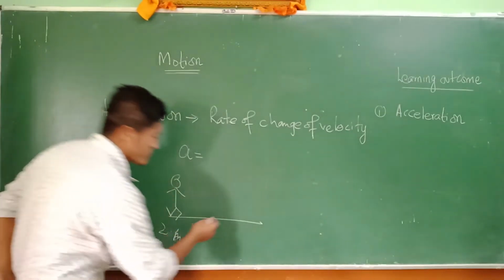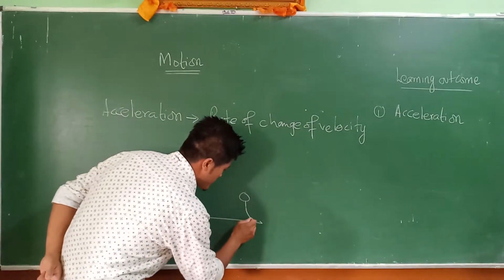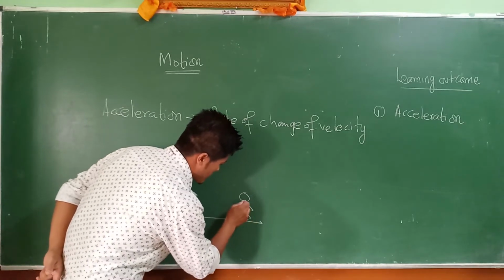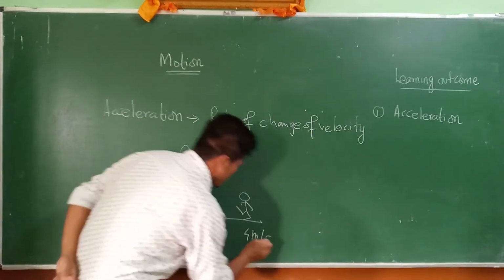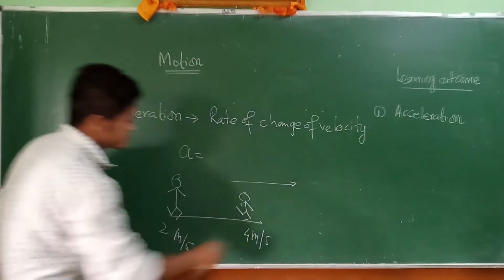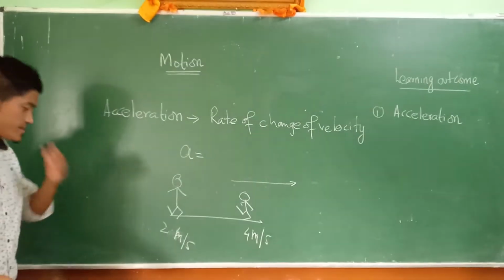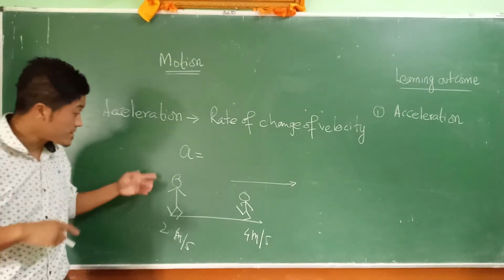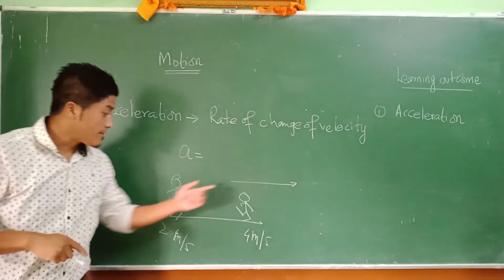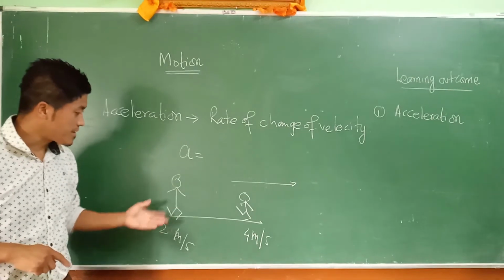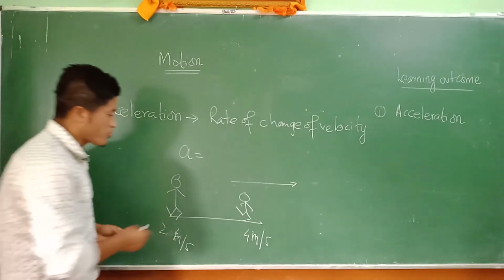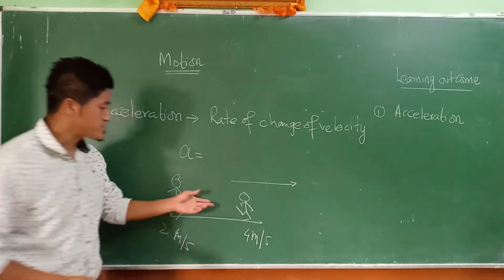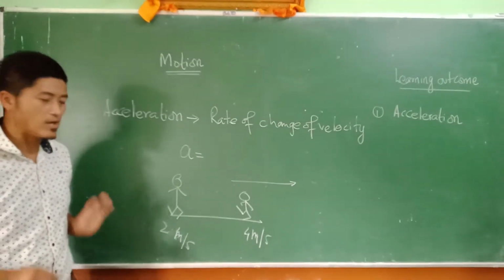He increases his velocity to 4 meters per second in that direction. So now this guy is running in this direction, and that too with a certain amount of change in speed. I have already said before that whenever there is a change in speed with direction, we call this velocity.